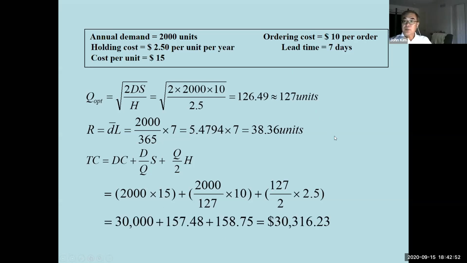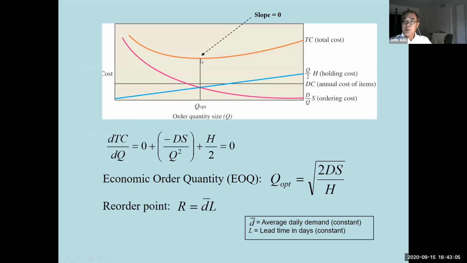So like go back to the graph here. This blue line is annual holding cost.